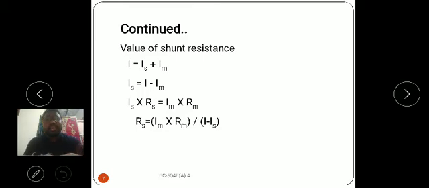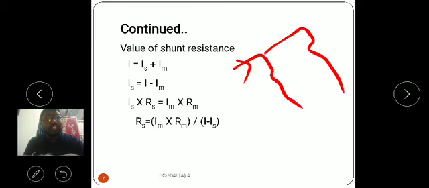For example, the total current is distributed to the two shunt terminals. Here we have two resistors connected in parallel, and this is the total current.